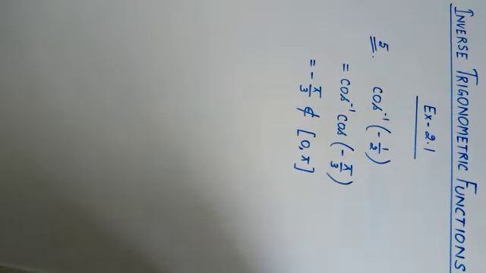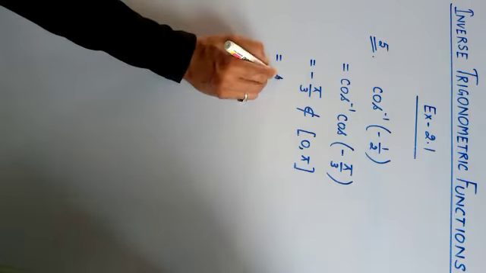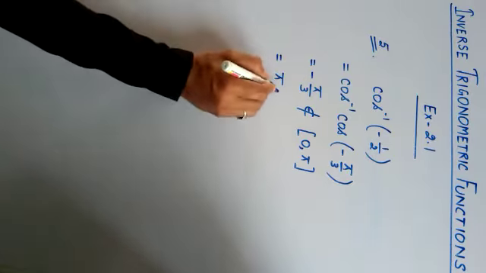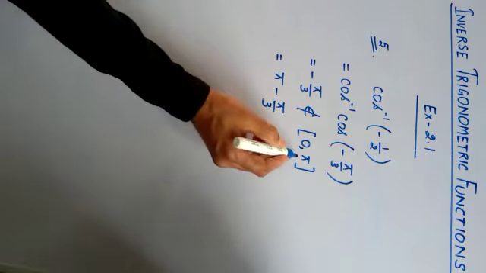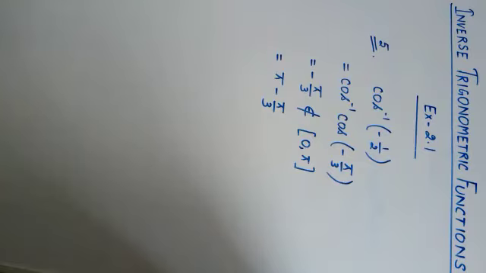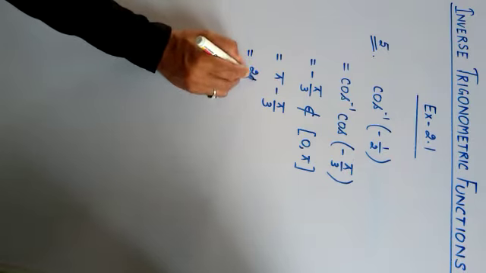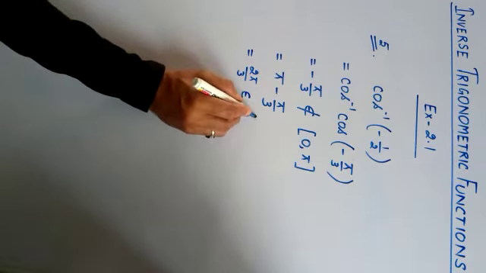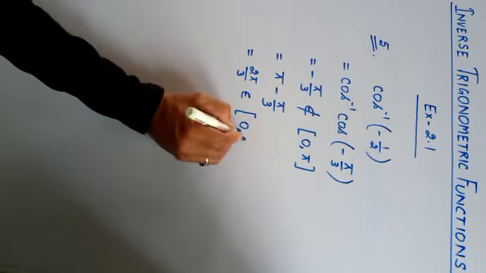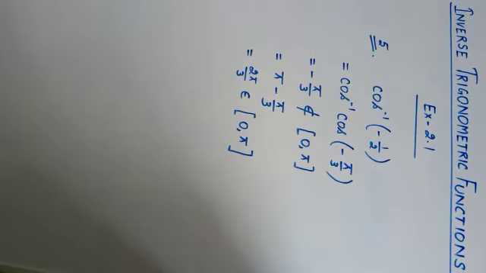So this is not the correct answer. So what we will do? We will subtract pi by 3 from pi, the upper limit. So pi minus pi by 3 equals 2 pi by 3, which belongs to 0 to pi, the range of cos inverse.